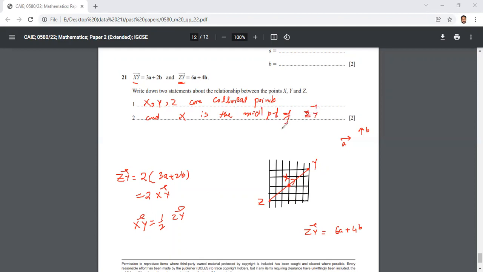You can write two statements like that. I hope you get my point.